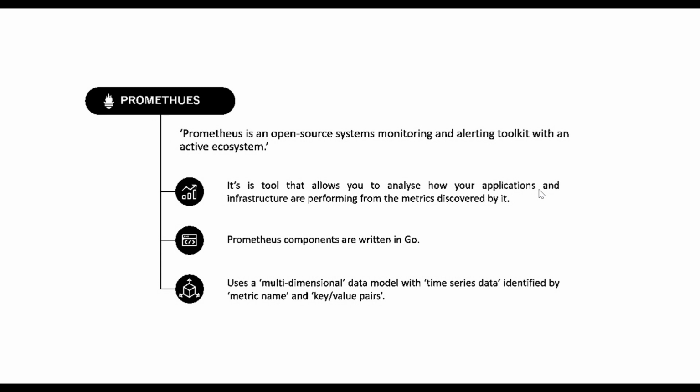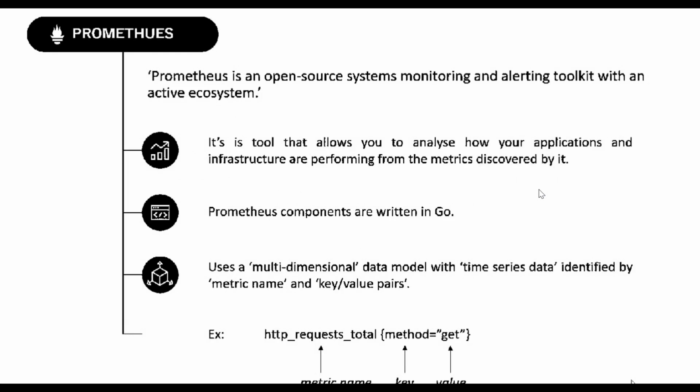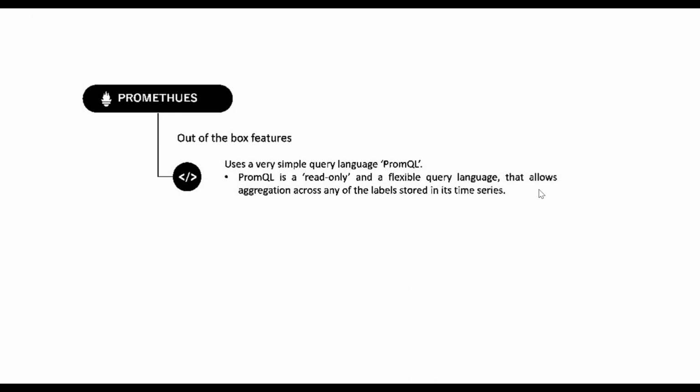It uses a multidimensional data model with time series data, identified by the metric name and key-value pairs. For example, http_requests_total, method="GET". So the metric name is http_requests_total, method is the key, and GET is the value.